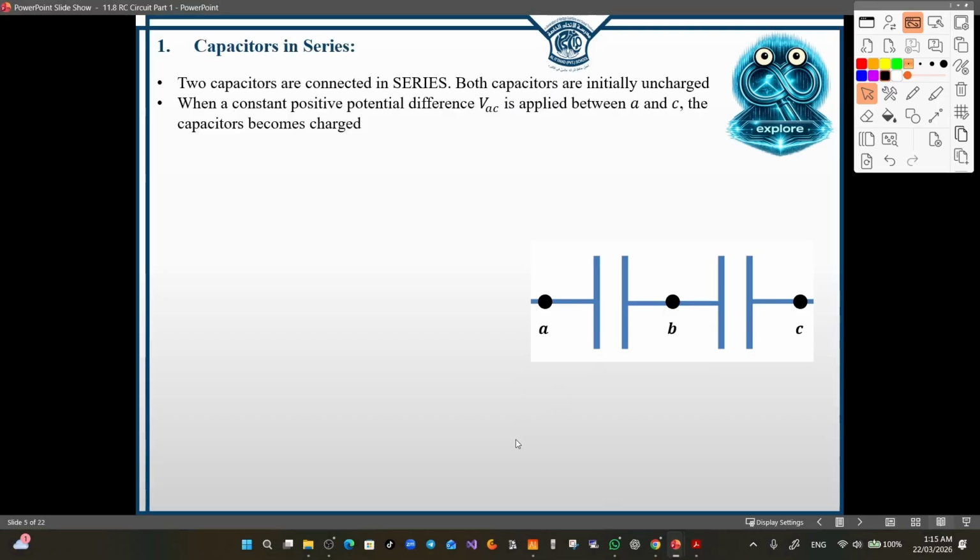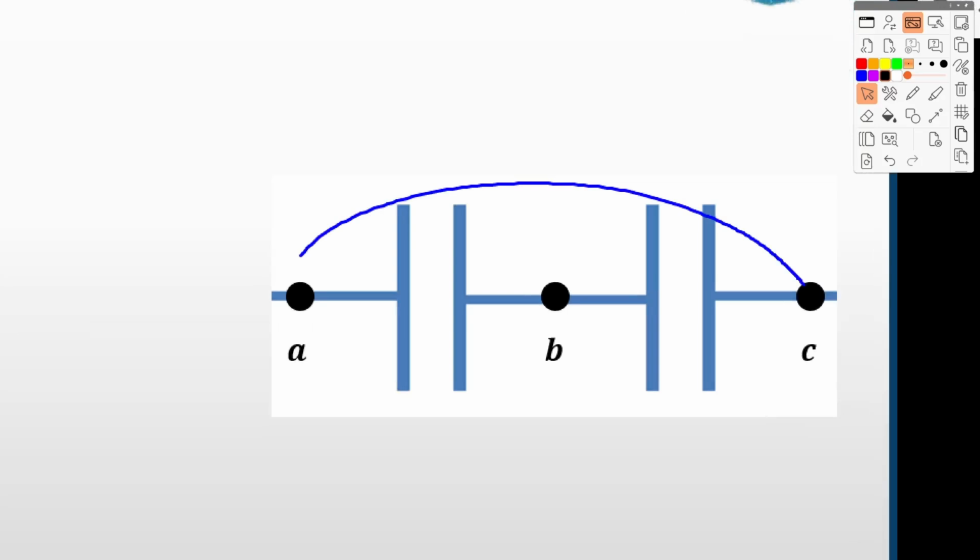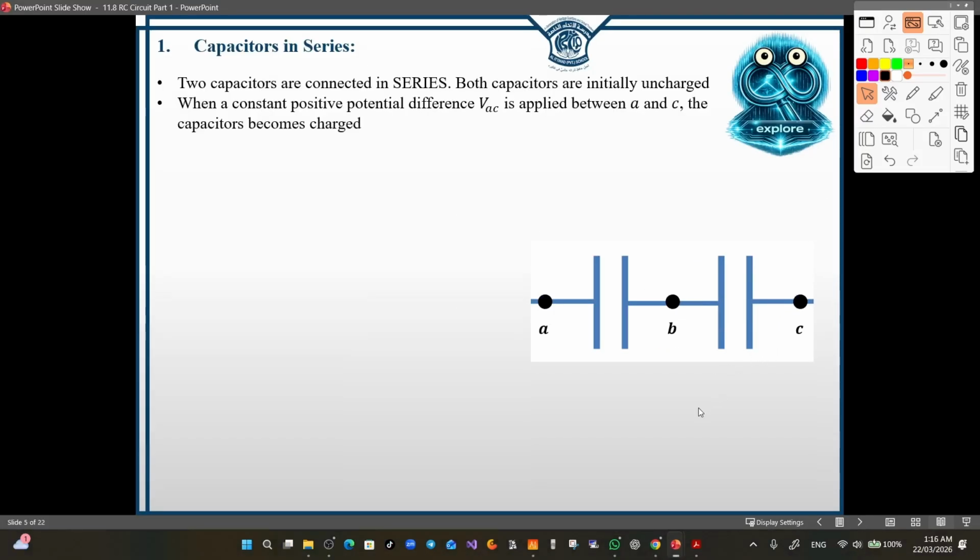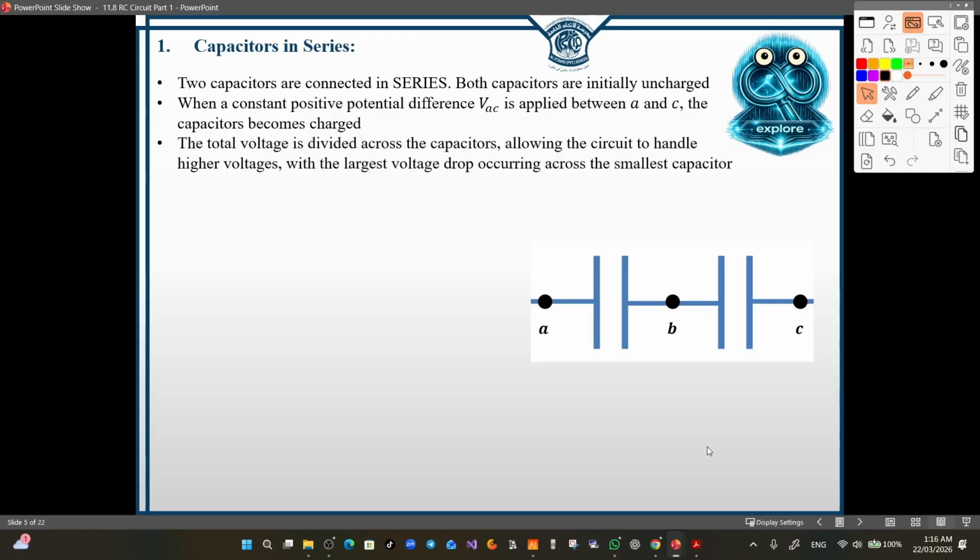When a constant positive potential difference VAC is applied between the points A and C, as we can see here, the capacitors become charged. The total voltage is divided across the capacitors, allowing the circuit to handle higher voltages, with the largest voltage drop occurring across the smallest capacitor.